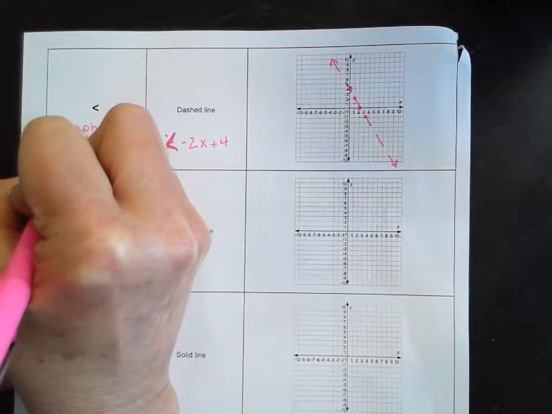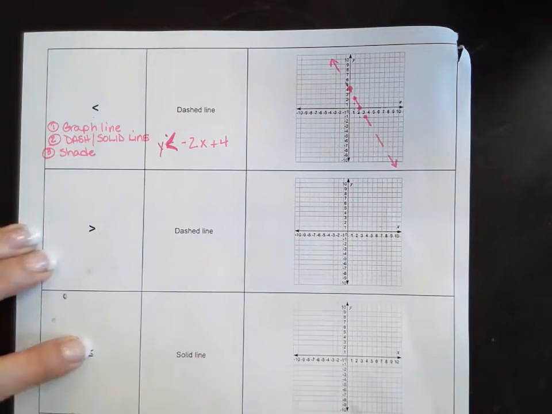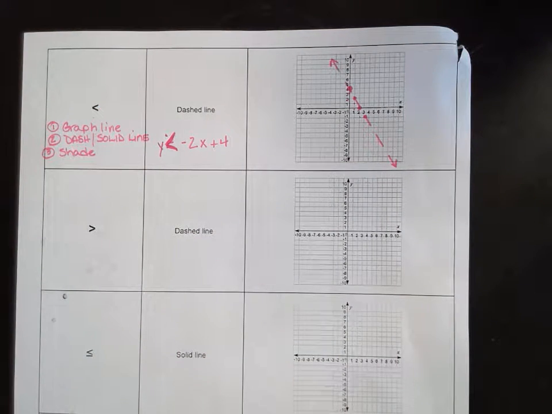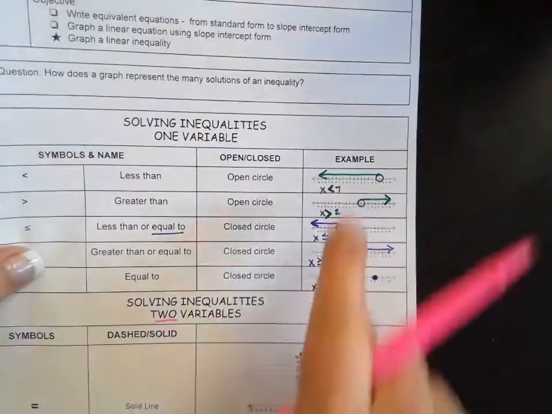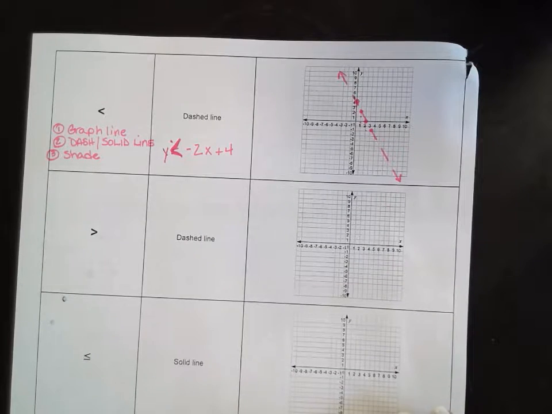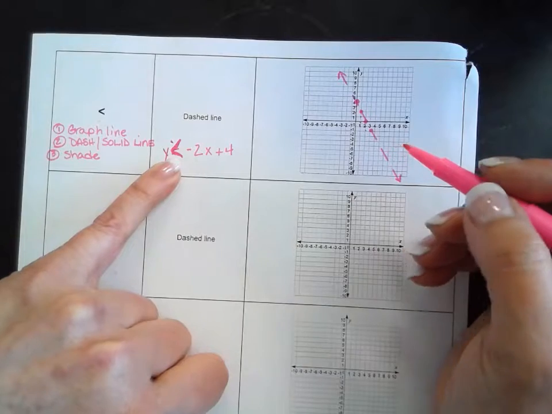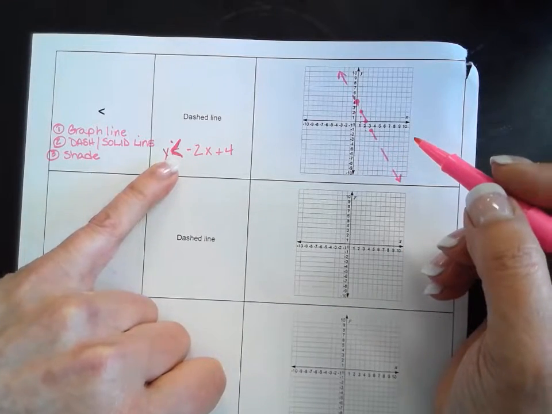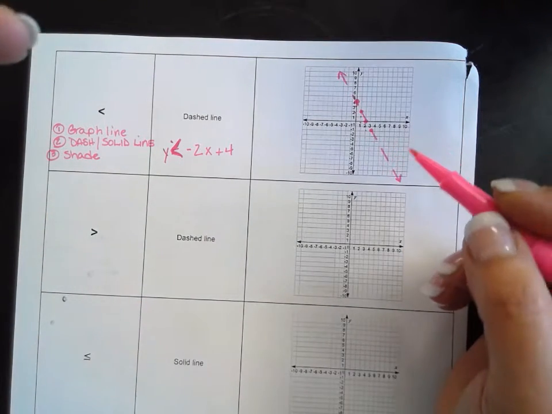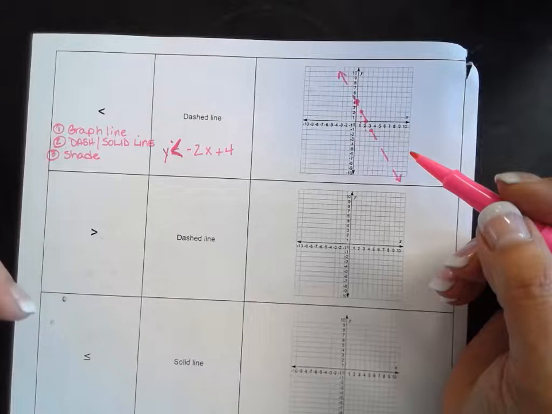Okay, the third step is we need to shade. Because it's an inequality, like on the number line, we had lots of solutions. Well, with these, we have lots of solutions too. If it is less than, what do you think of when it says less than? Below the line.